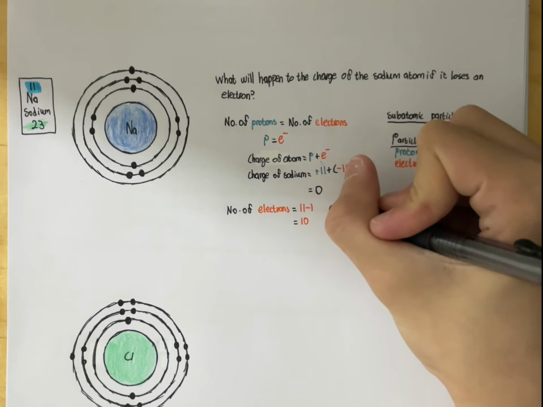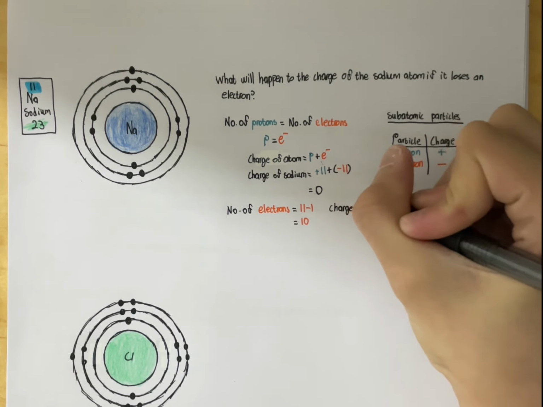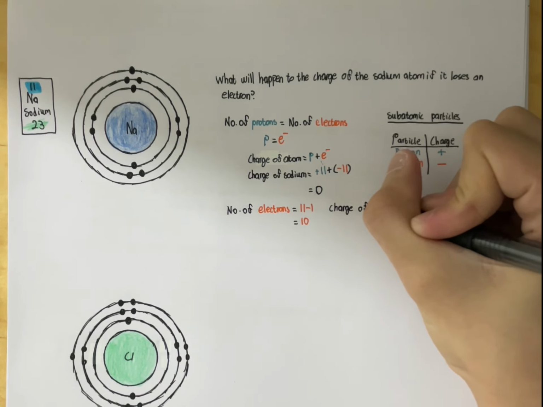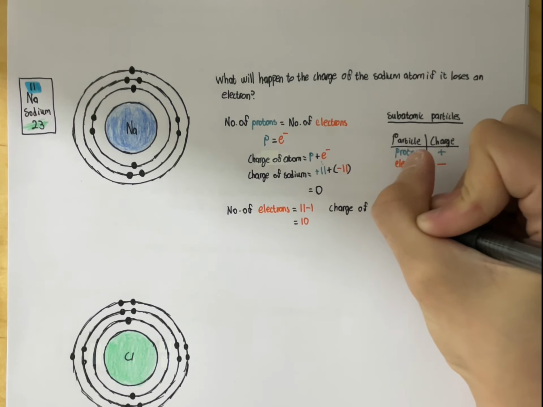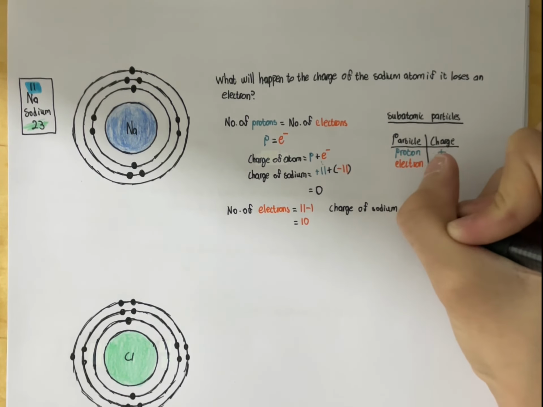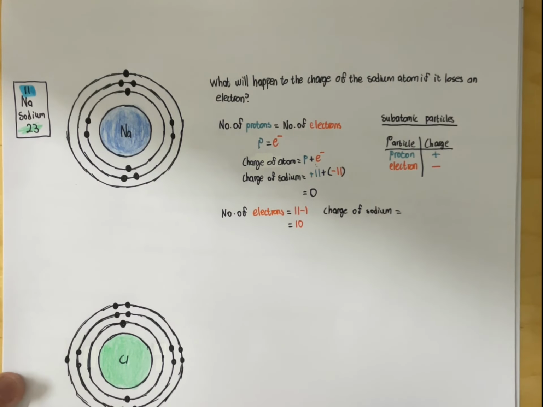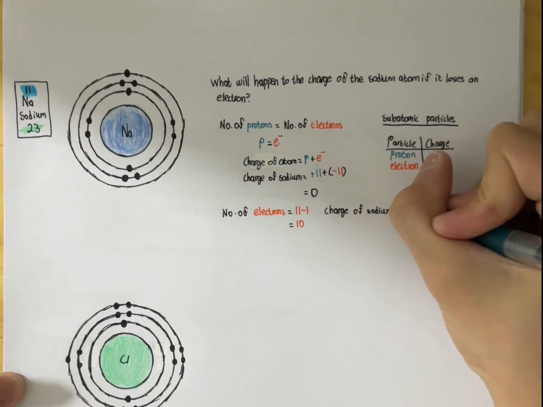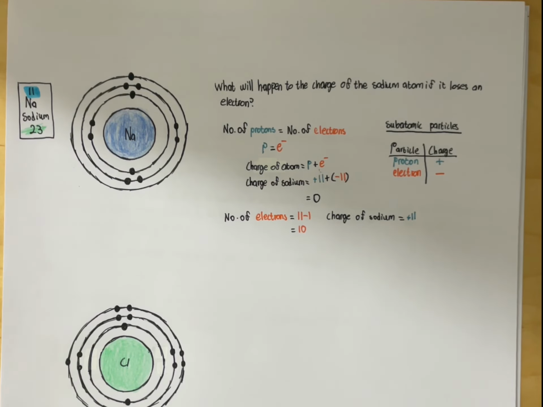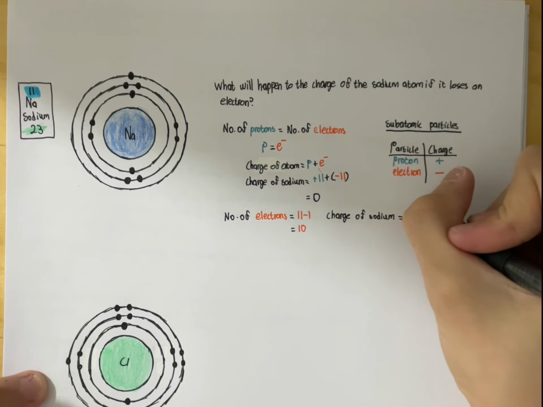The charge of sodium after it has lost an electron: how many protons does it have? The protons are not affected, so they're going to have the same charge, positive 11. But how about the electrons?